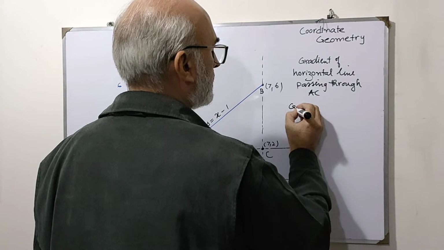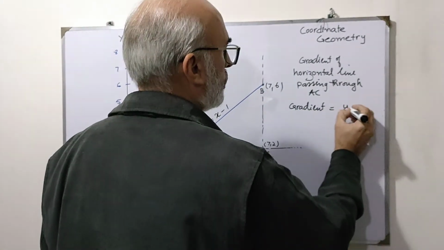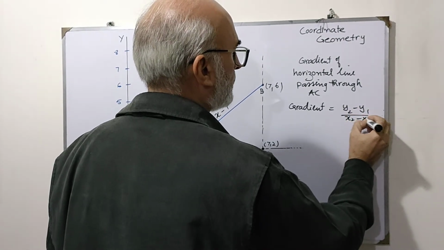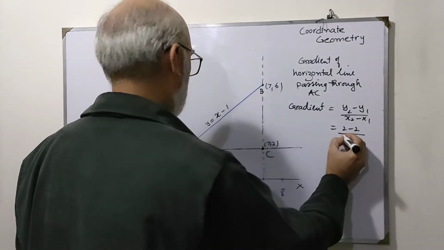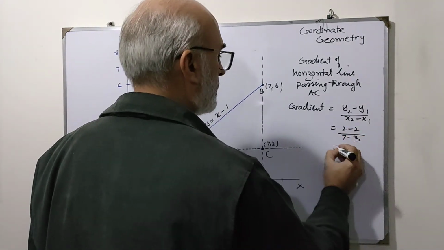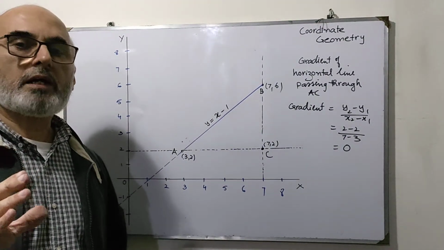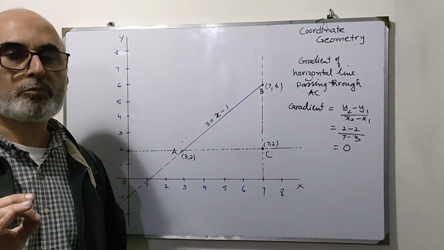So the gradient is y2 minus y1 over x2 minus x1, which is 2 minus 2 over 7 minus 3, so it is 0. So the gradient for the horizontal line is 0. The reason is there is no change in the y-axis point, right?